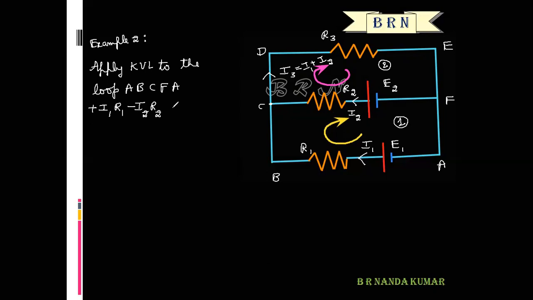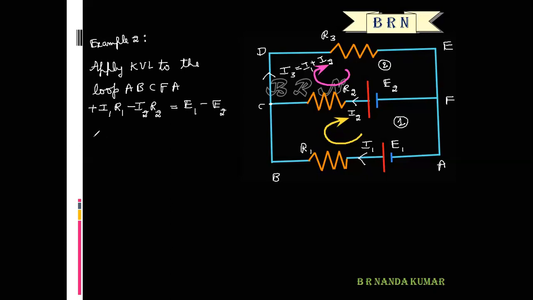So that is equal to, here E1 is clockwise EMF, that is positive. E2 is anti-clockwise EMF, that is negative. So the algebraic sum of the product of current and resistance in different parts of the mesh is equal to the algebraic sum of EMF in that mesh.